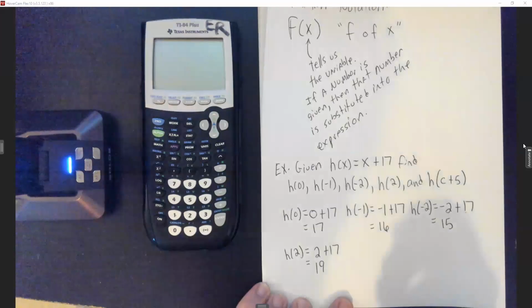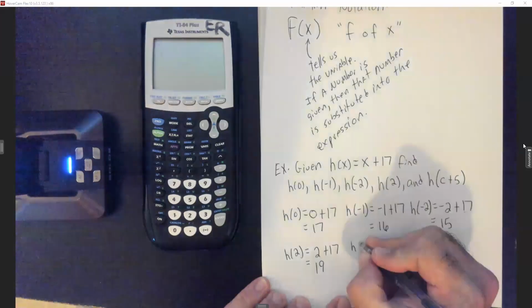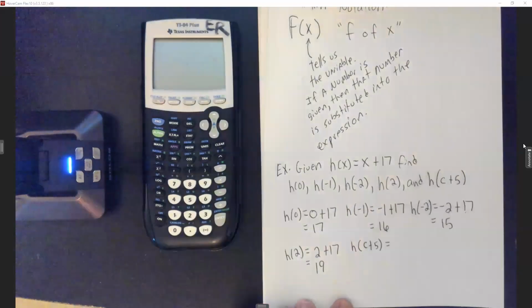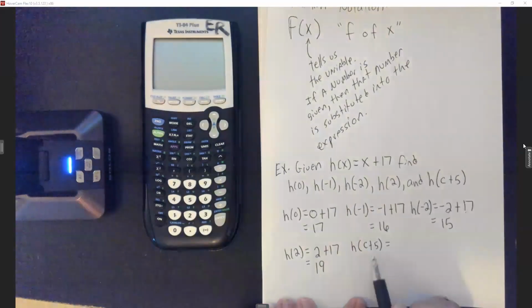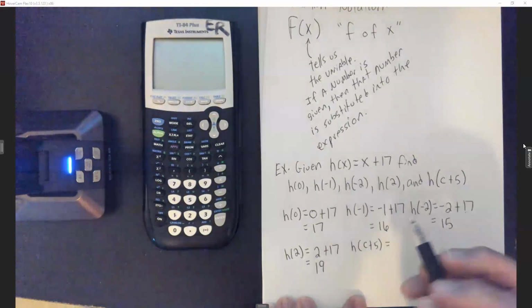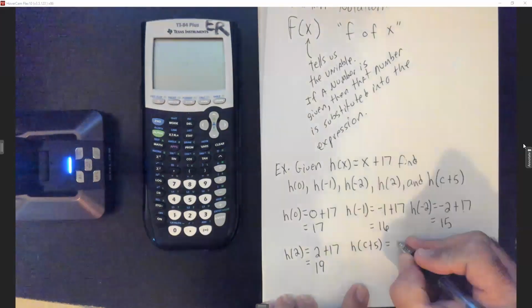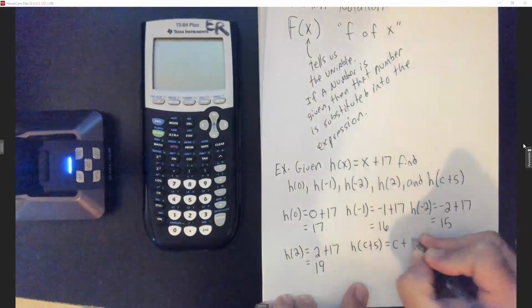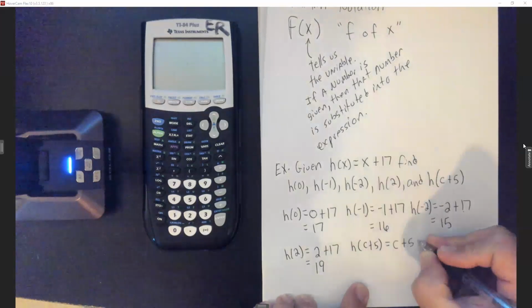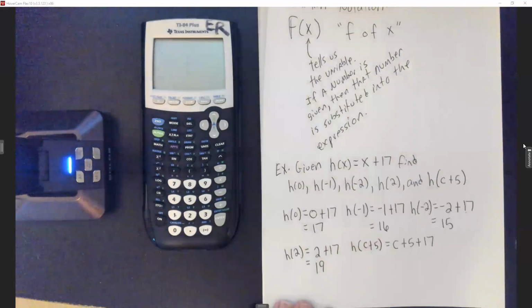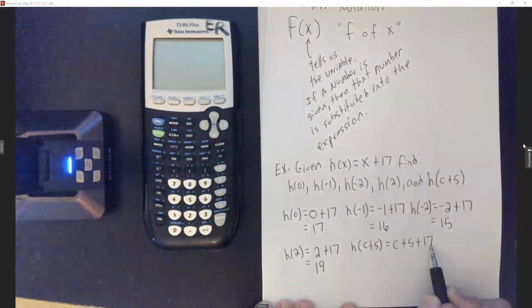And y'all, the tricky one, the h of c plus 5. Since they got this c plus 5 inside these parentheses, that means this x has to be replaced with the c plus 5. So that'll give you c plus 5 plus that 17 at the end. So you still got x plus 17, and x is now c plus 5.